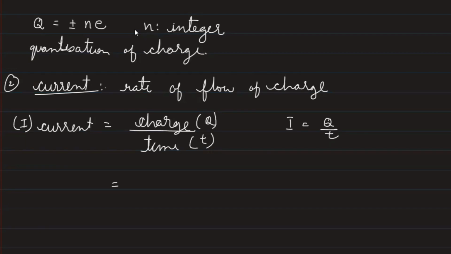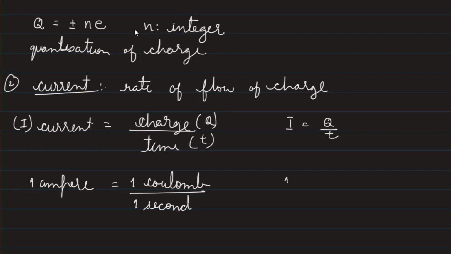And if you want to talk in terms of the SI unit, this is a coulomb, and this is second. So there is a name for this, and that name is ampere. So that means 1 ampere is 1 coulomb upon 1 second.